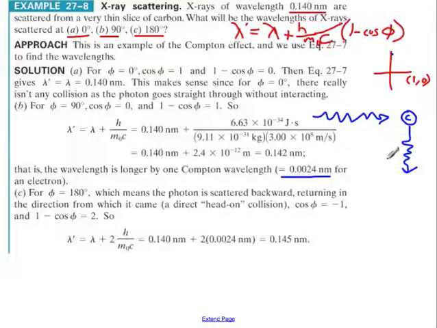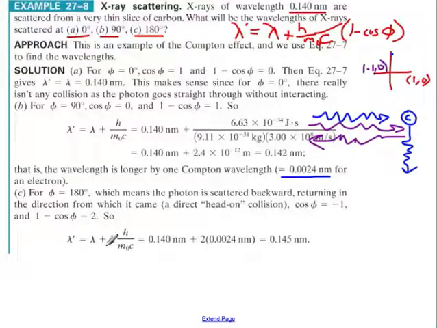Okay, so now what about if instead of the X-ray bouncing off at this angle, that angle is 180 degrees? So in other words, the X-ray goes in and then bounces off and comes back this way. If that's true, then you're going to have this spot over here, so it's going to be -1. So you're going to have 1 minus a -1 is going to be 2, right?